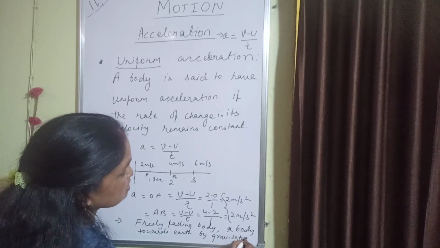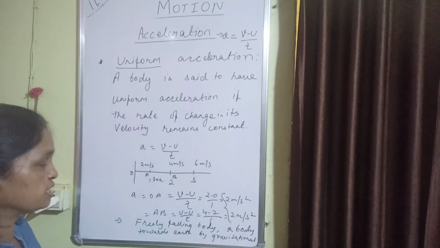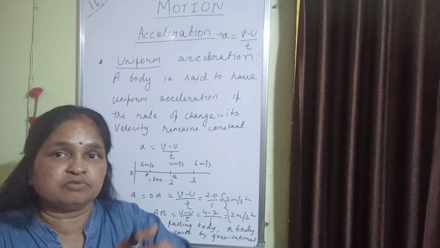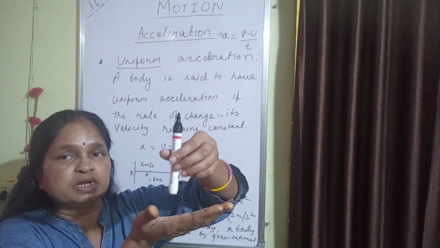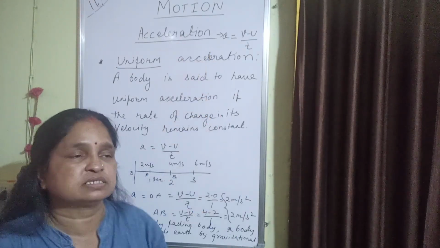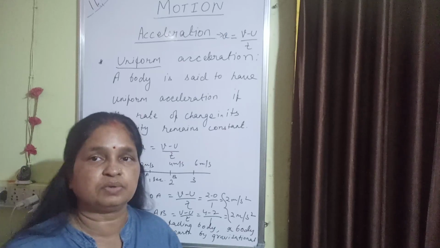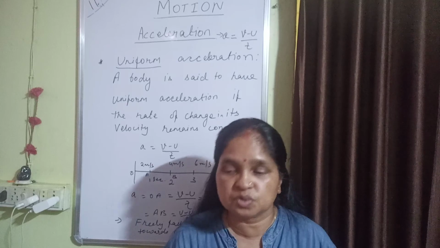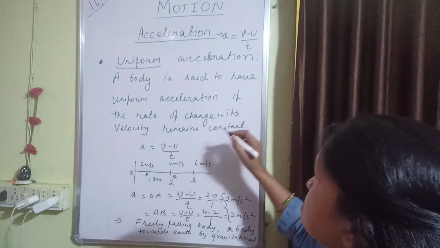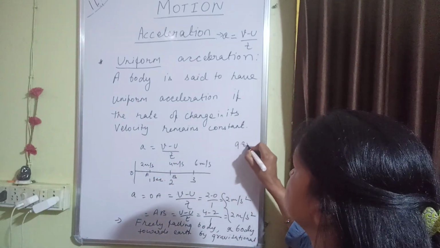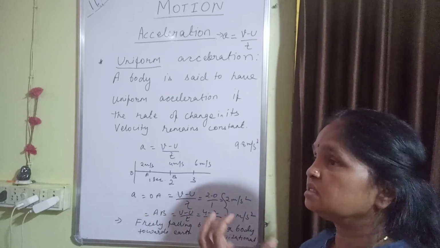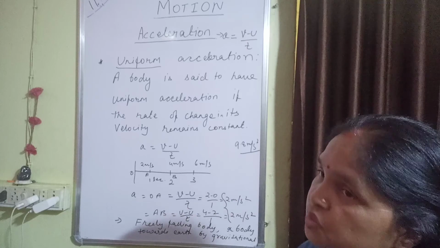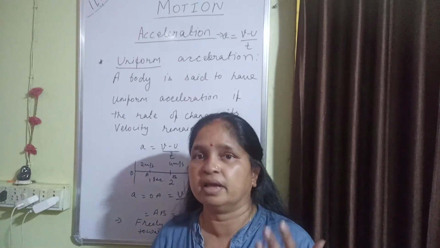If gravitational force is there, that means the body is moving with constant acceleration. Why? If I leave it, it will come downward. Because earth has its own acceleration, that is small g, acceleration due to gravity, and mostly that is 9.8 meter per second square. So earth is attracting most bodies with 9.8 meter per second square, if it is not too high.